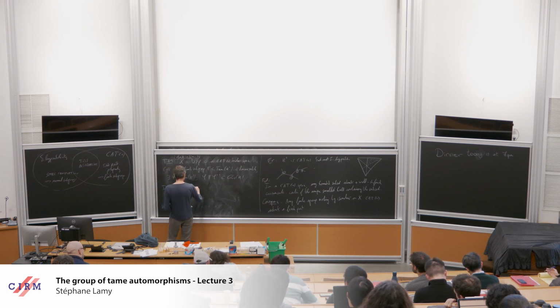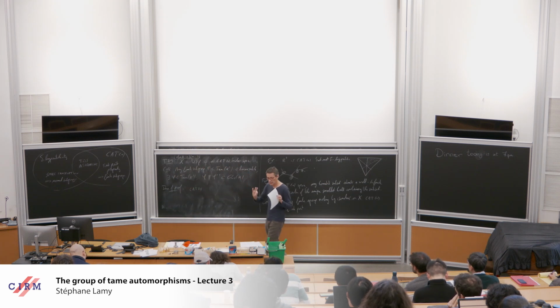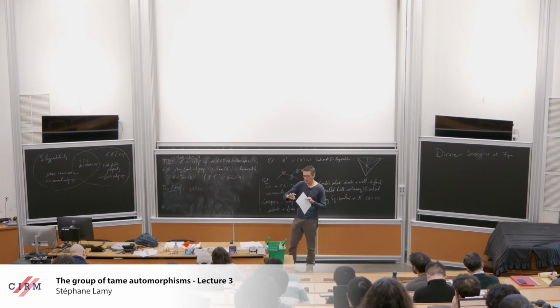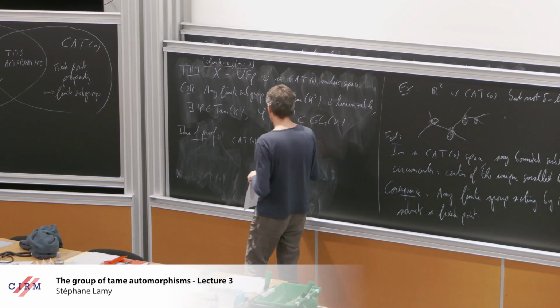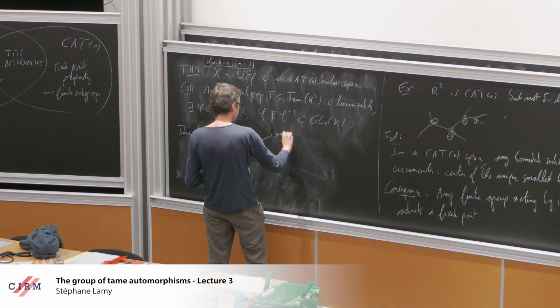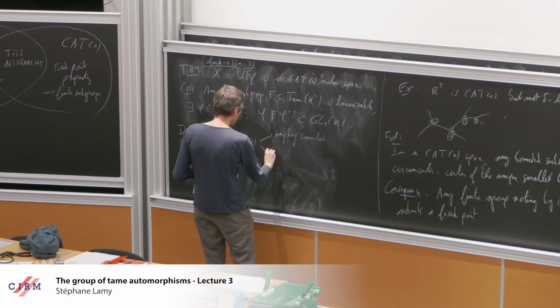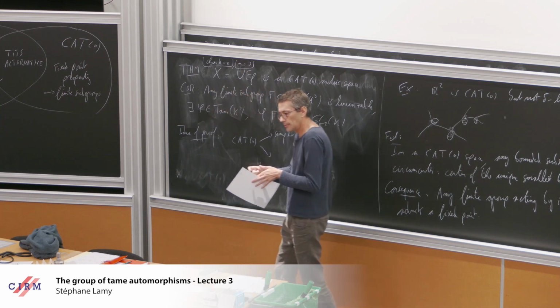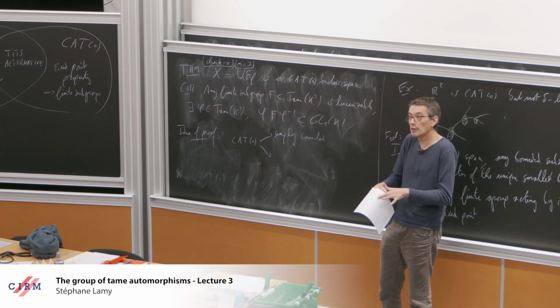So the CAT(0) condition, in fact, you can think of it as two independent conditions, one global and one local. The global one is that you need to check that it is simply connected. And the second one, you have to check the triangle condition on small triangles locally.